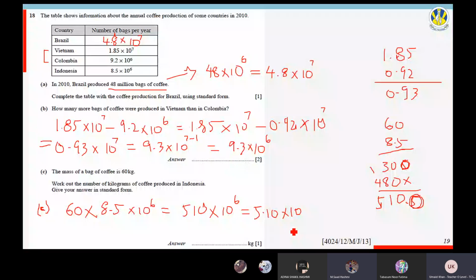If the decimal is moved to the left, the number is getting smaller, so the power of 10 is increased. You can think along those lines as well. If the number is getting smaller, the power of 10 should increase. So it will be 10 raised to the power 8.